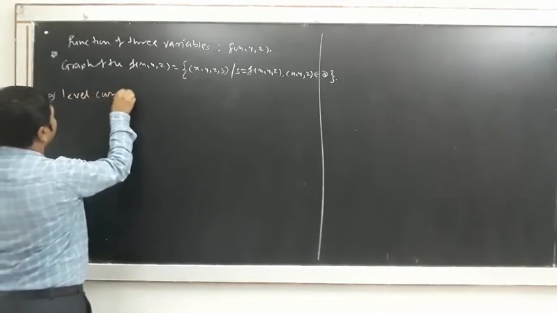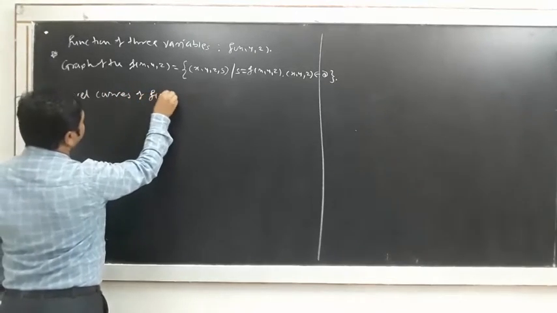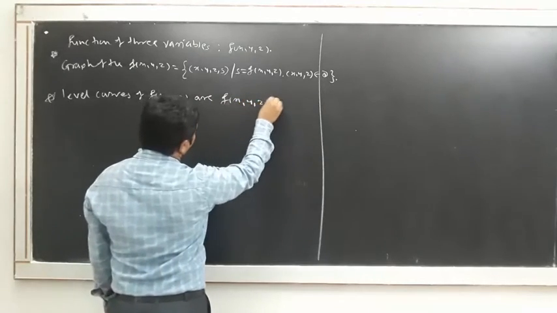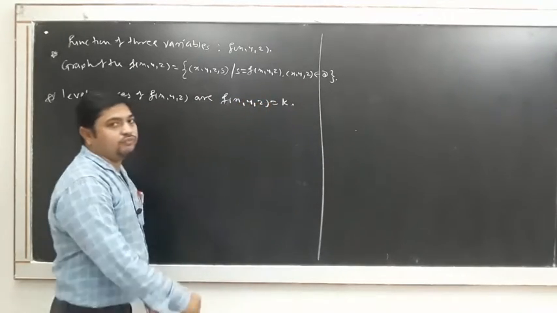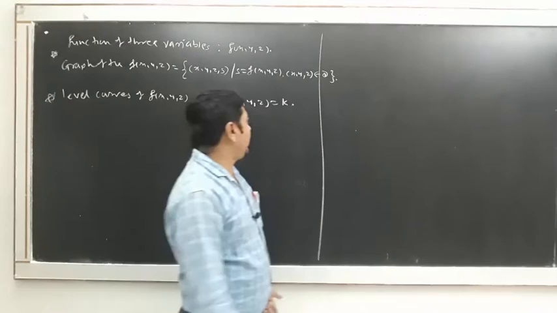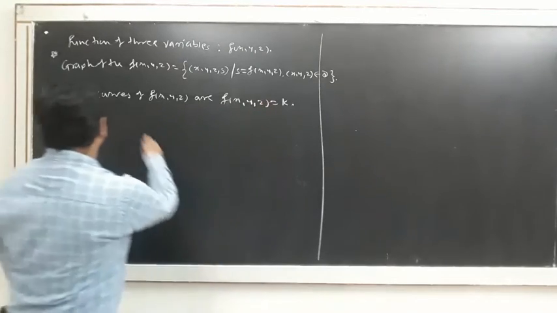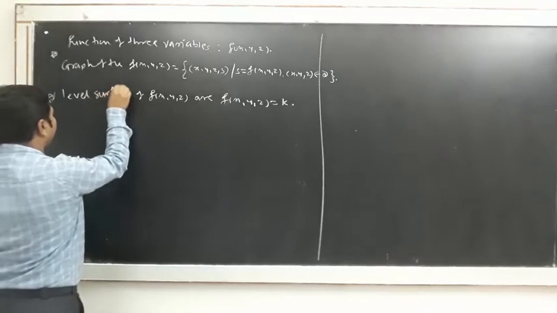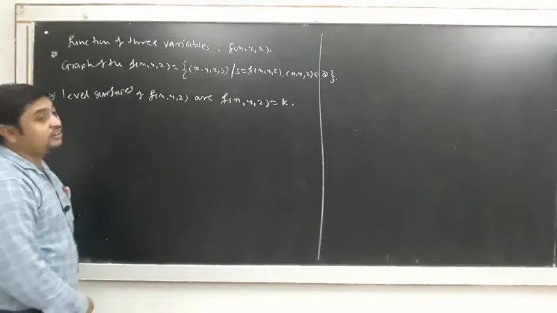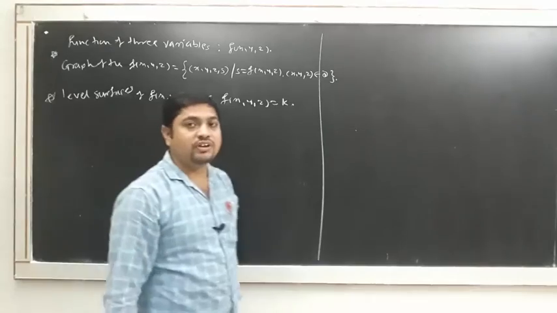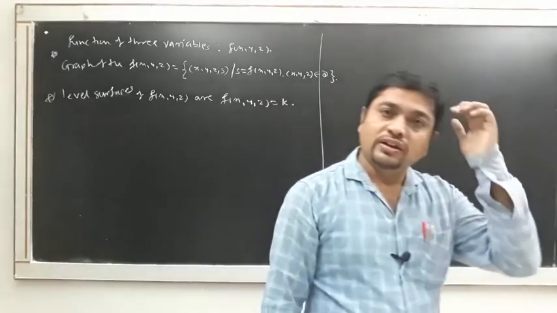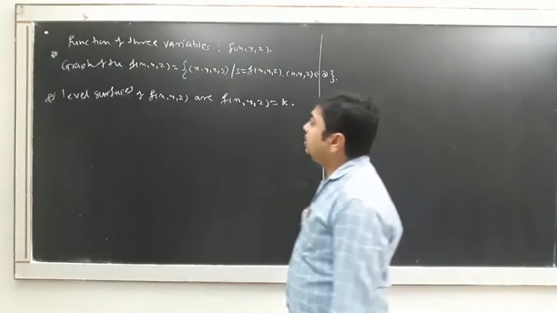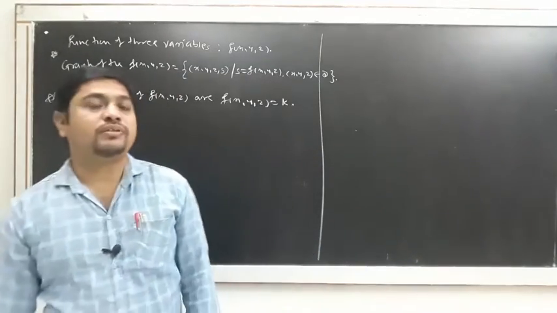Level surfaces of f(x, y, z) are f(x, y, z) = k. Here, where we wrote level curves, we have to write level surfaces. They are surfaces, not curves. Level curves are for a 2-variable function, and level surfaces are for a function of 3 variables.